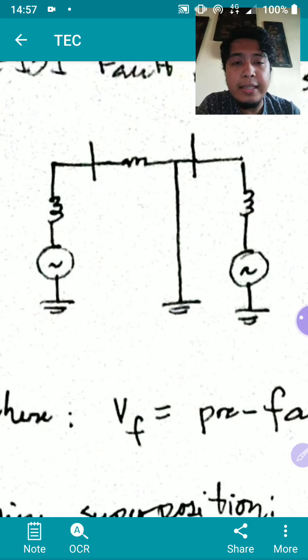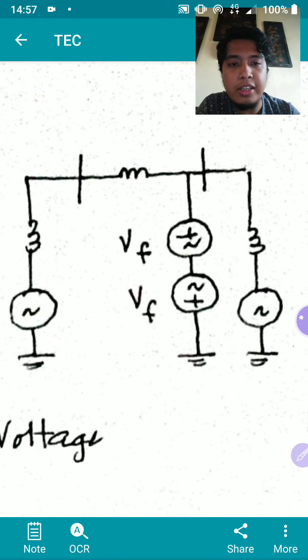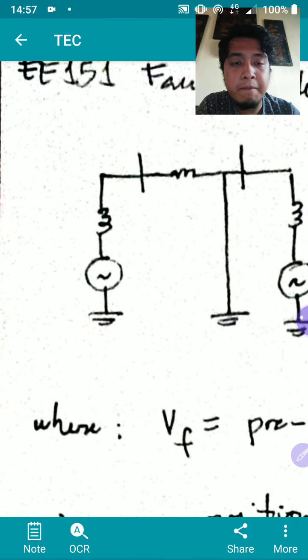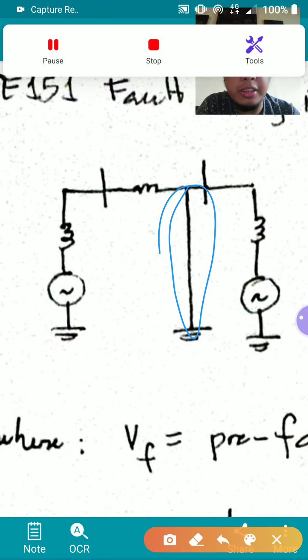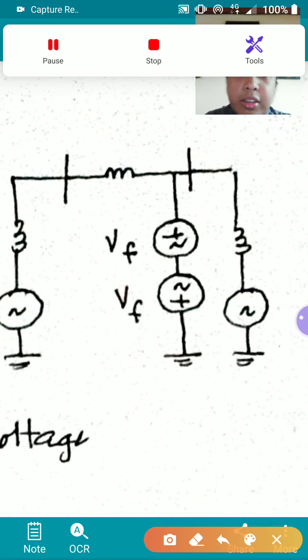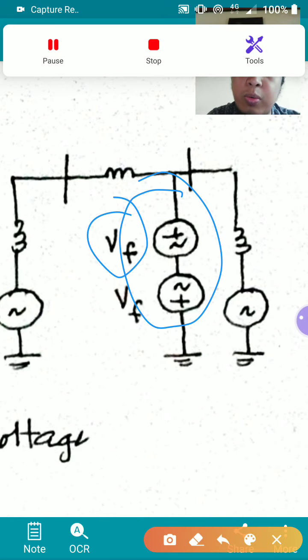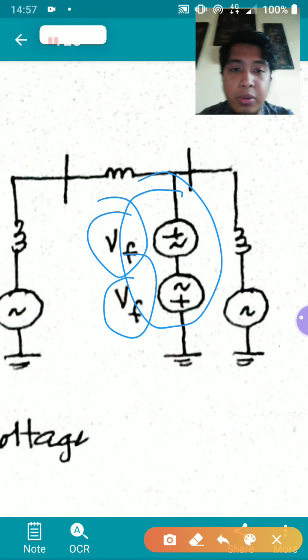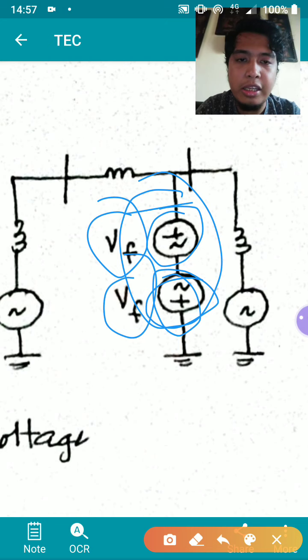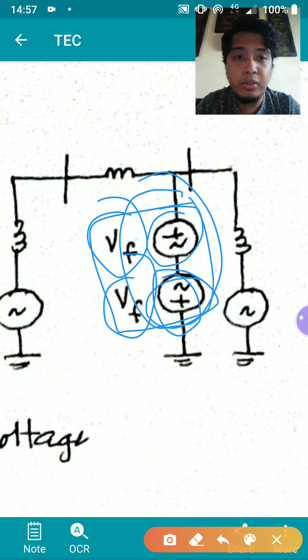Now, this single line diagram is actually equivalent to this single line diagram, where you can put on this shorted line here two voltage sources of equal magnitudes but opposite polarities. So what will happen is that they will just cancel out.